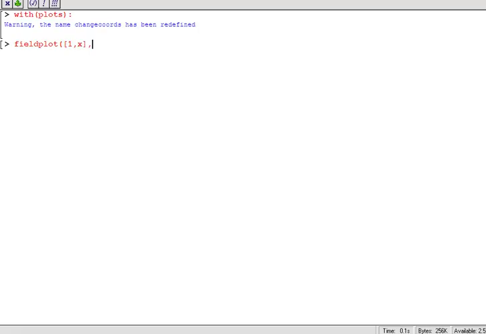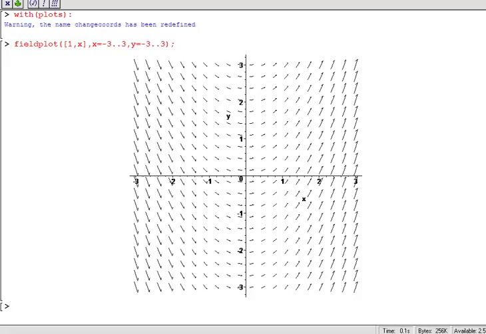And let's just go from -3 to 3. And it kind of gives us a parabola shape like we got when we plugged in some points and some numbers. Okay, so the command that you're going to use for a vector field is fieldplot.